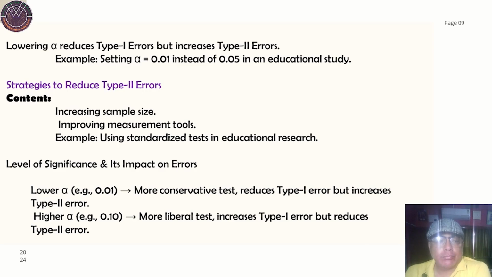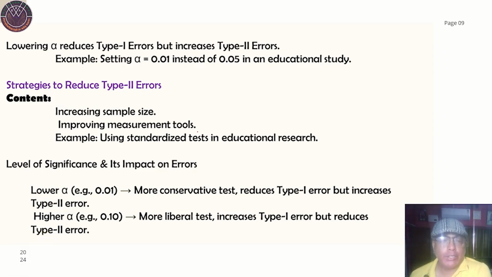So how can you reduce type 2 errors? That means you should not be in a position where you fail to identify the differences or the effect. You can always increase the sample size, or you can go for improved measuring tools.